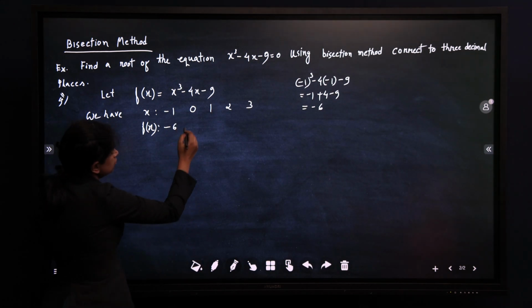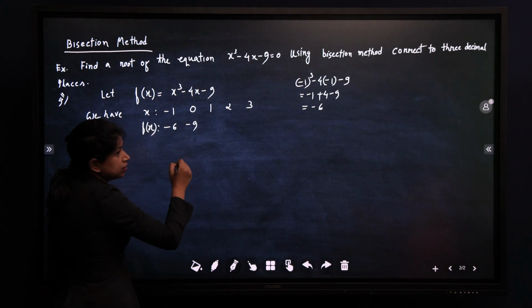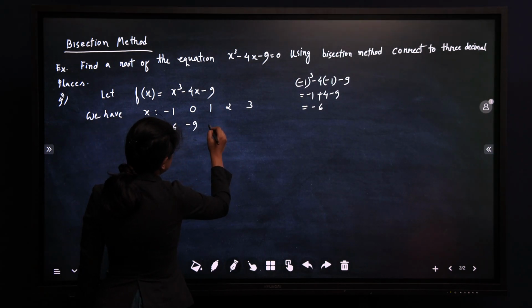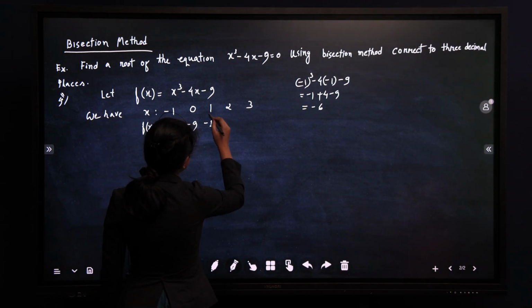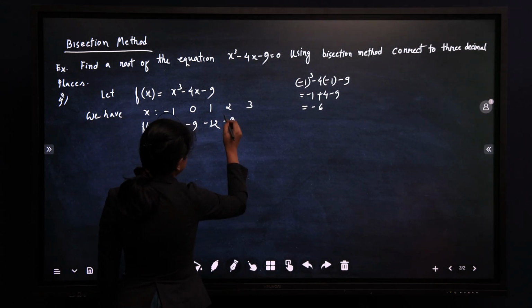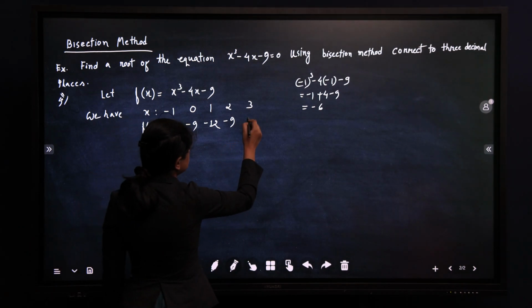If you put 0, it will be -9. If you put 1, it will be -12. If you put 2, it will be -9, and if you put 3, it will be 6.